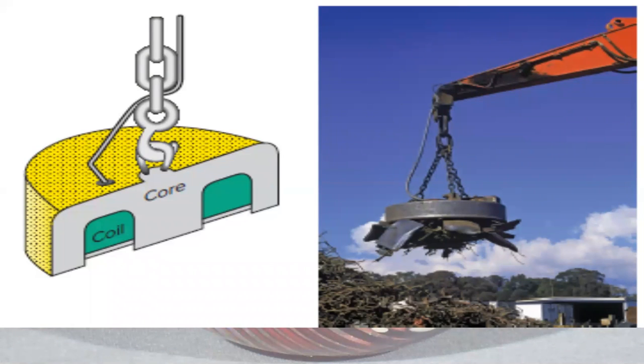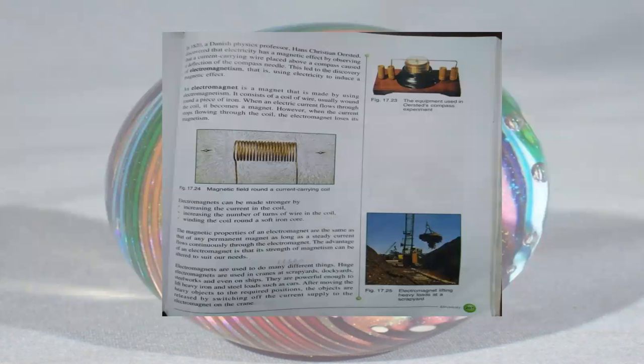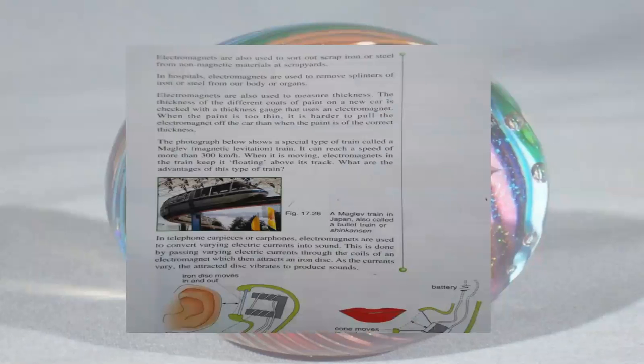It is used in a scrap yard. Usually it is used in a scrap yard. There are some pictures which are related to your book. That is, the electromagnet can be made stronger by increasing the current in the coil.